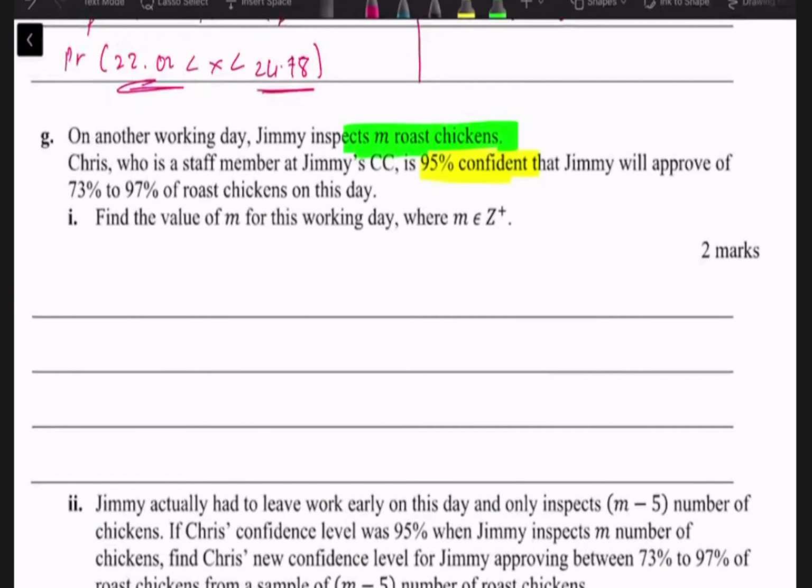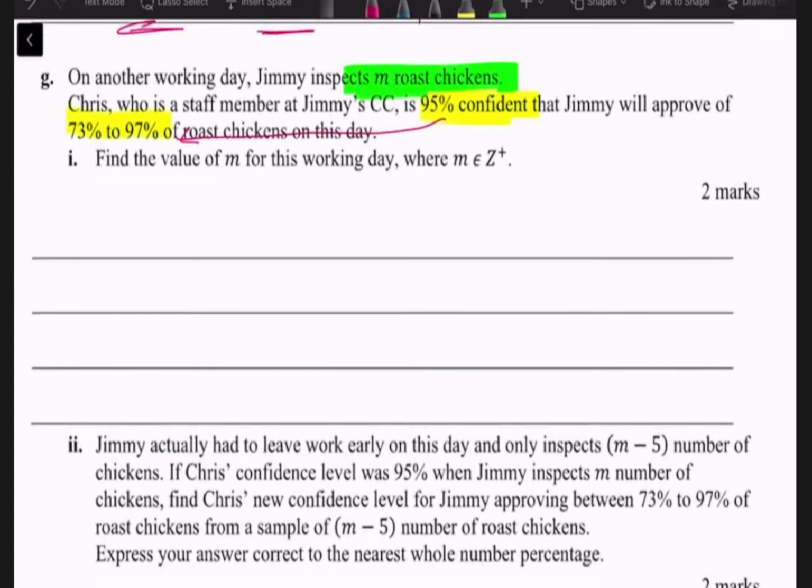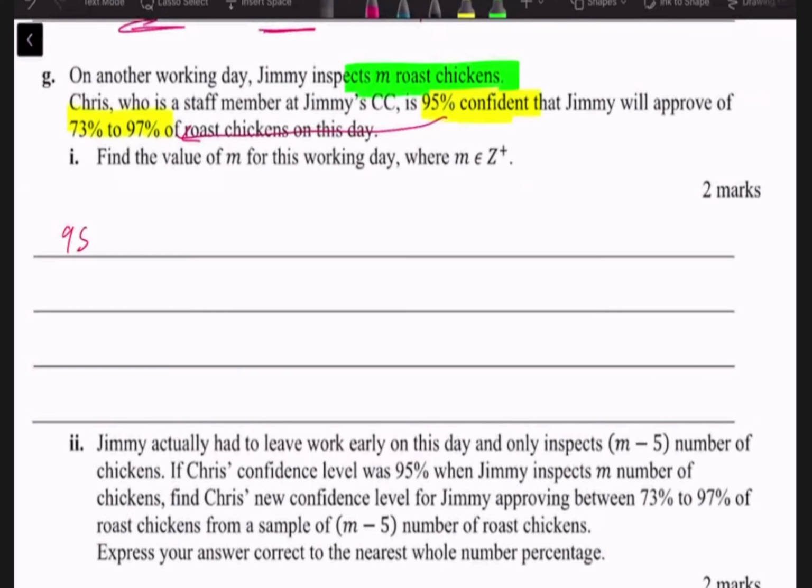So these are proportion values. You can tell this is our confidence interval for the proportion of chickens that will be approved of by Jimmy. So a 95% confidence interval is from 0.73 to 0.97.